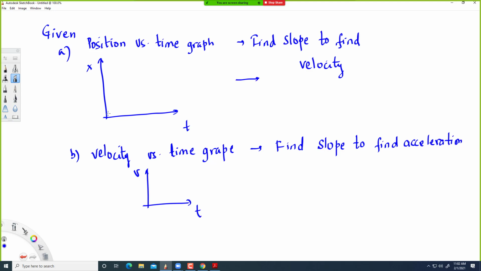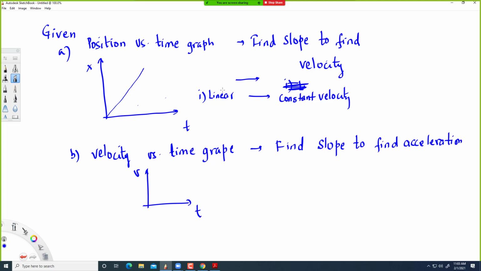If you have a linear graph here, let's write here, linear graph, then you will get constant velocity.